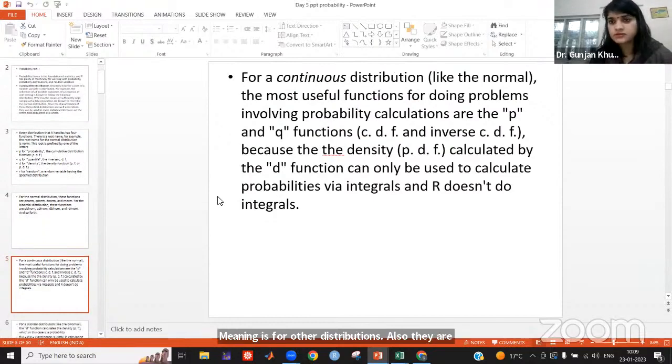For a continuous distribution like the normal distribution, the most useful functions for doing problems involving probability calculation are p and q, because the density calculated by the d function can only be used to calculate the probability via integrals, and R doesn't do integrals. So that is the reason why p and q are more popular for the normal distribution.